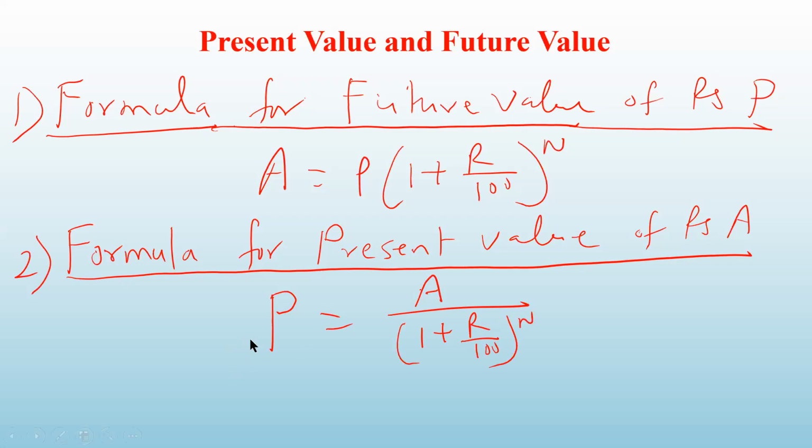So this is the present value of the amount A, and A is the future value of the value P. On the basis of this, we are going to solve some problems. This formula we have obtained from the same one: instead of calling it principal, we are calling it present value. If you want P, you have to shift this term to the other side, so it will divide. That is how we get A divided by (1 plus R upon 100) raised to power n.